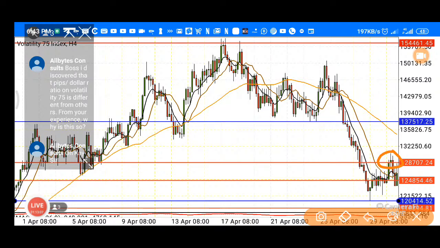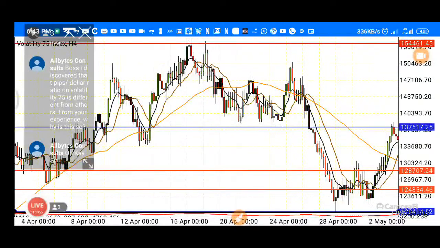Do you understand? I hope you understand what we did there. So to stay safe, it is better to lock your profits. You can see that level I drew for TP is very effective.